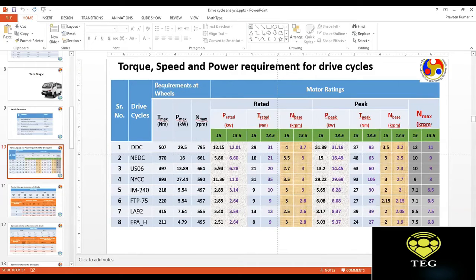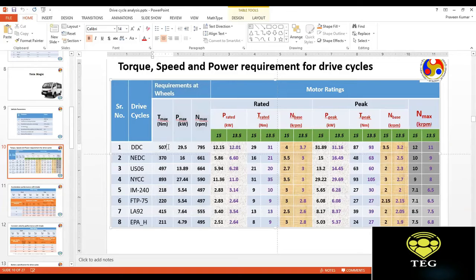So now here you see this was the requirement that we have at the wheels, which I have shaded now. The other thing that we would need is the requirement at the motor. The torque of 507 Newton meter that we need at the wheel will be different from the peak torque that the motor has to produce.